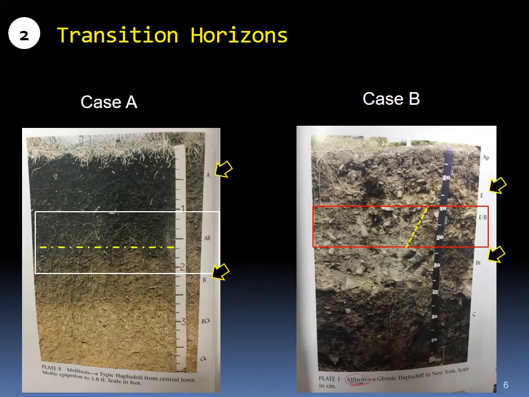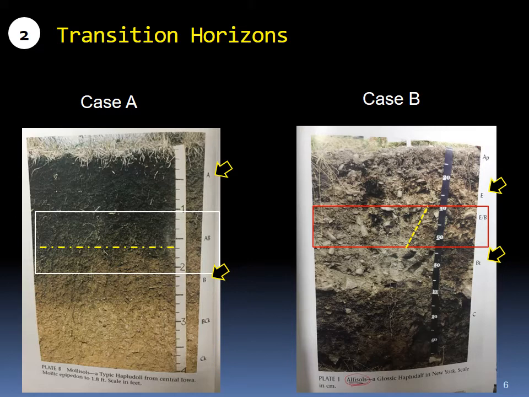Now, to distinguish the differences between them and understand them more, let's see how they look. In case A, the transition between the A horizon and the B horizon looks like this. It's smooth and parallel, so you can see that the dotted line I used here is parallel.